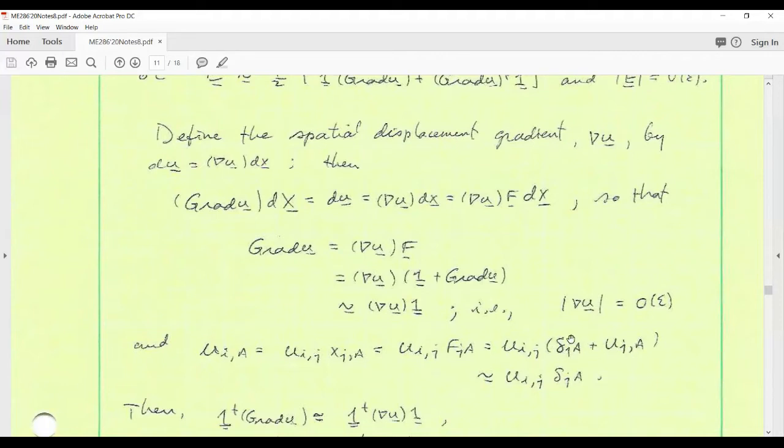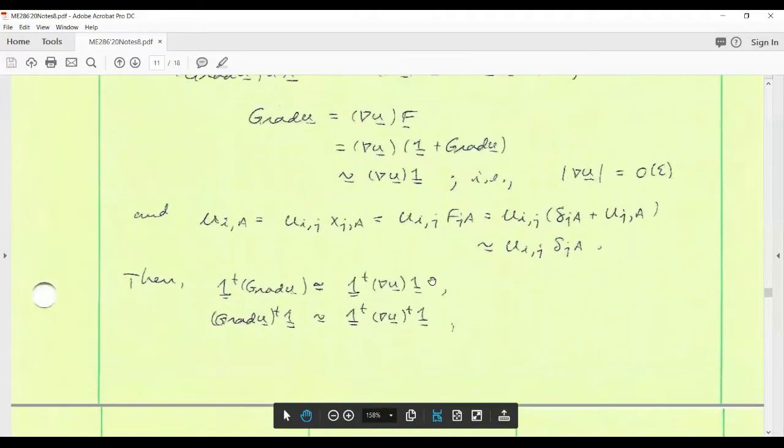Neglect this compared to these in accordance with our assumptions, and you just get the component form of this equation here. You can see that the tensorial character of the equation is preserved because this is a two-point tensor. This is a spatial tensor multiplied on the right by a two-point tensor gives you a two-point tensor in accordance with this index notation.